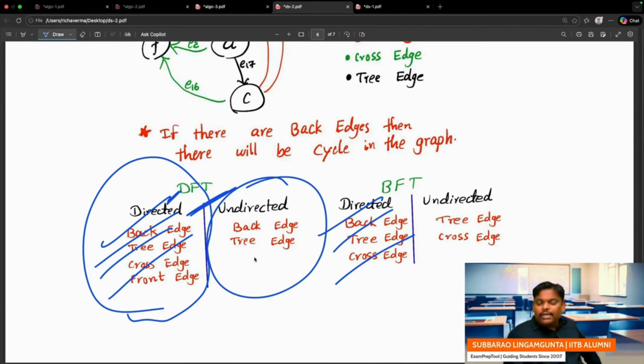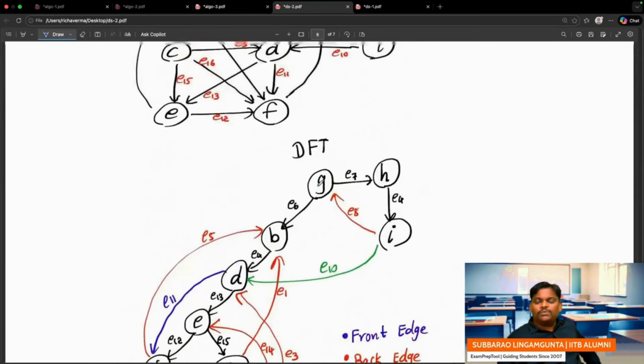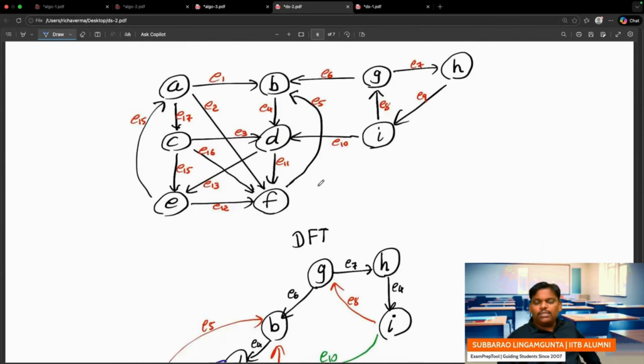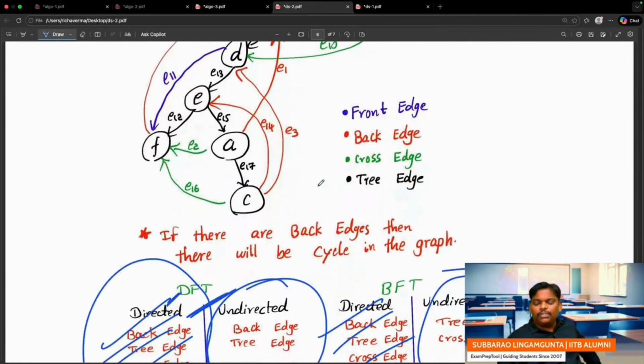Undirected: back edge and tree edge here, tree edge and cross edge here. Please verify. In the classroom I explained the example also; I clearly wrote the same example, please check. If there are back edges, then there will be a cycle in the graph.